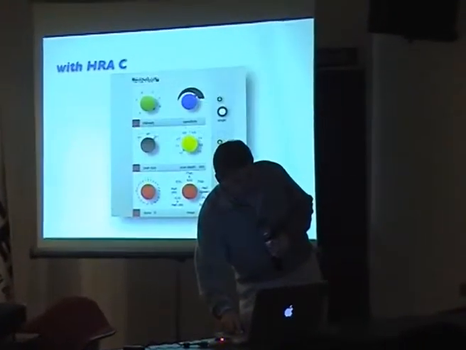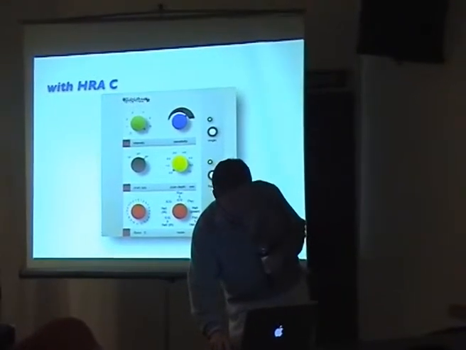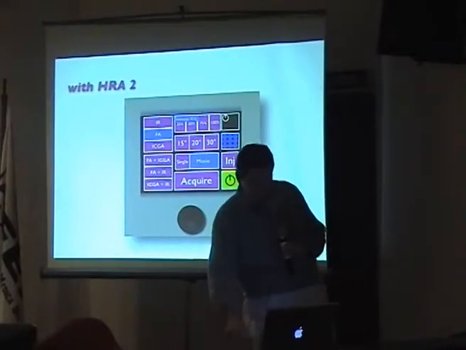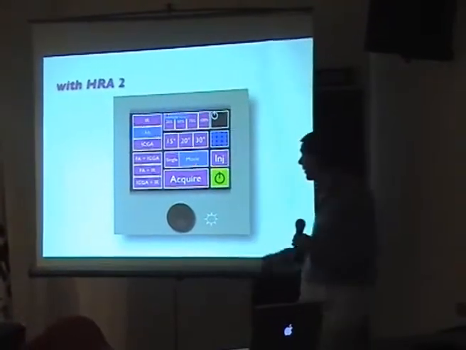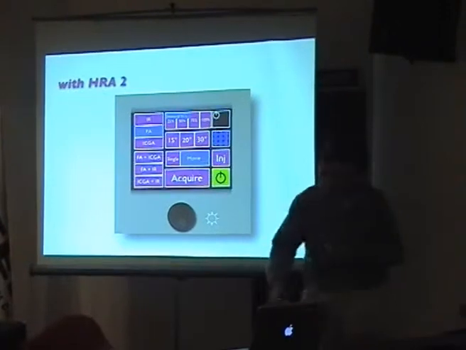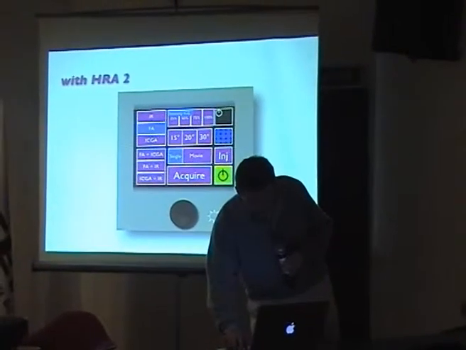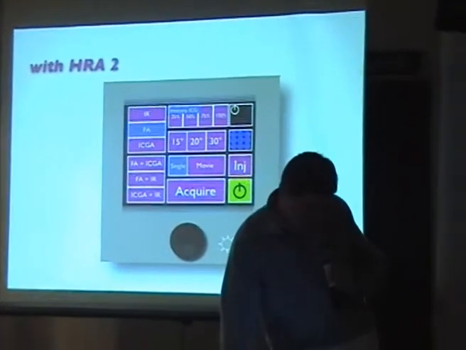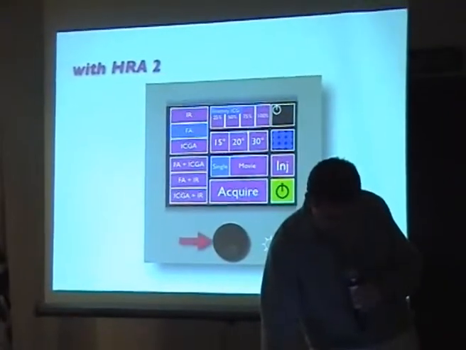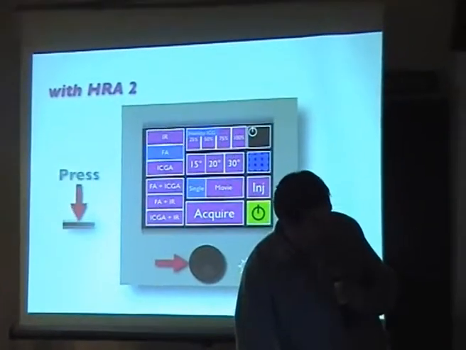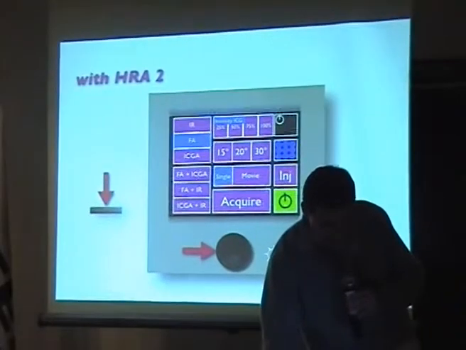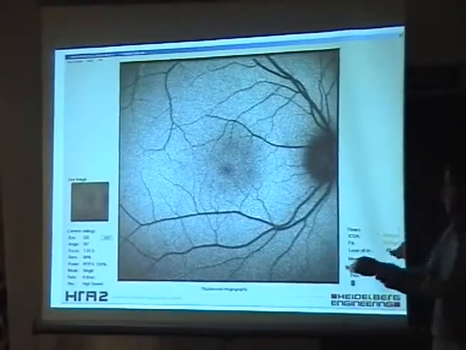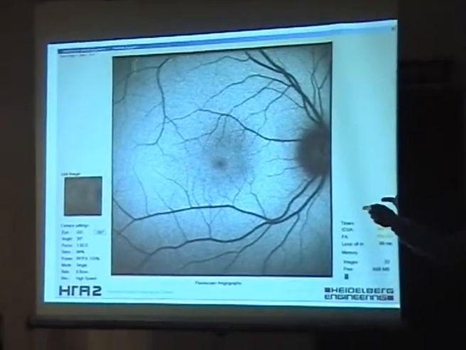How do you acquire an autofluorescent image with the old HRA? Just by putting in the fluorescent filter, and the same for HRA2. With HRA2, you now have a new software. Well, it's not so new, but by pressing that button, you can get a live mean of images like that.